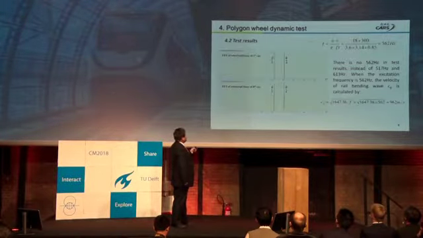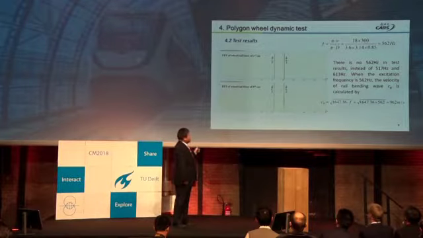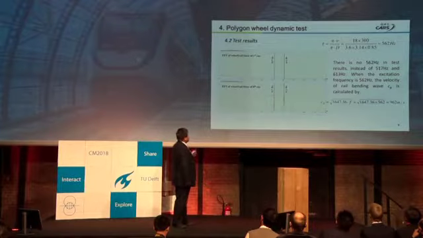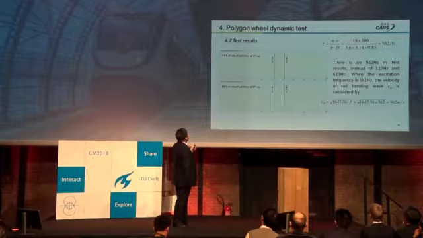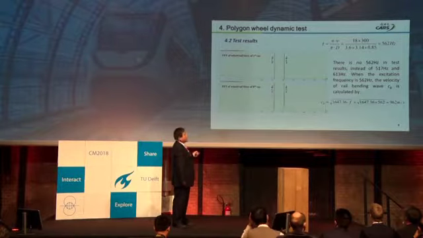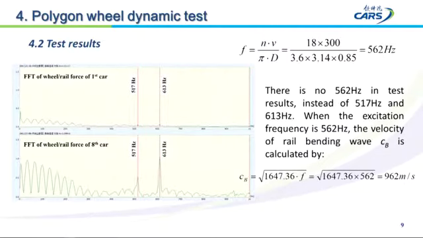I chose one car and the last car to do the fast Fourier transform, and found two obvious frequencies: one is 570 and the other is 613 hertz.